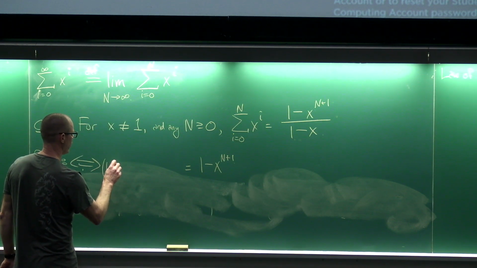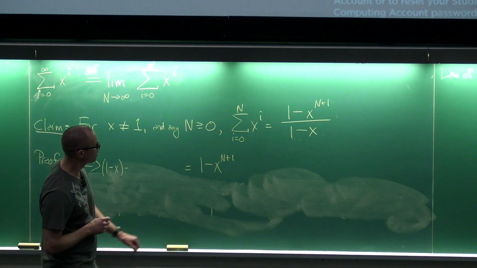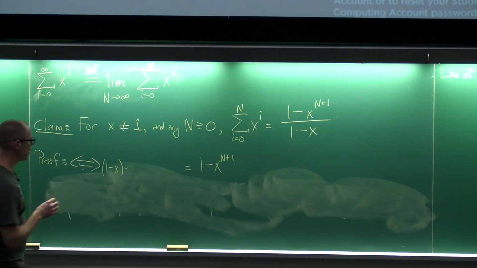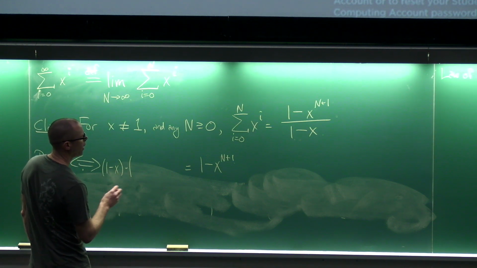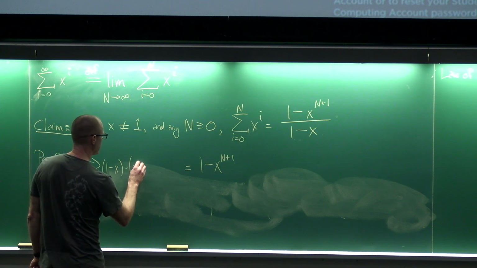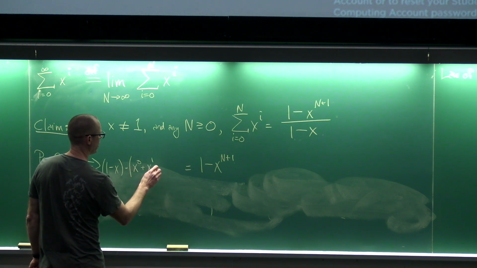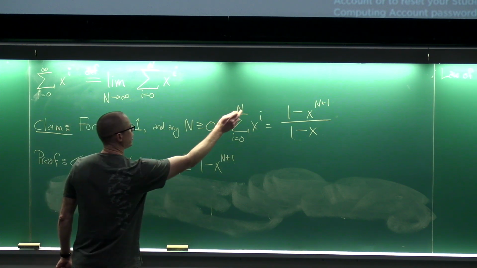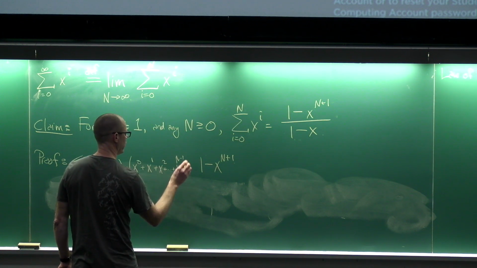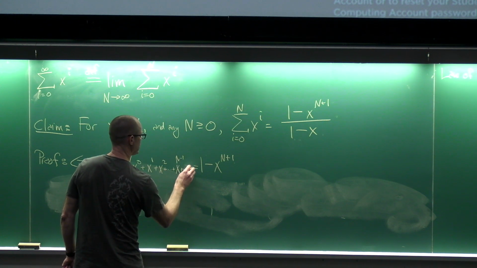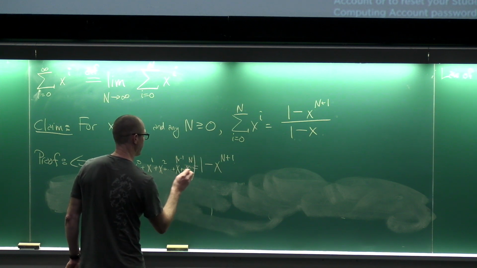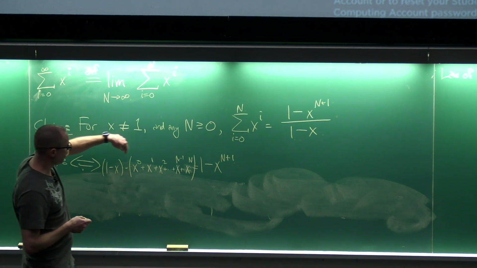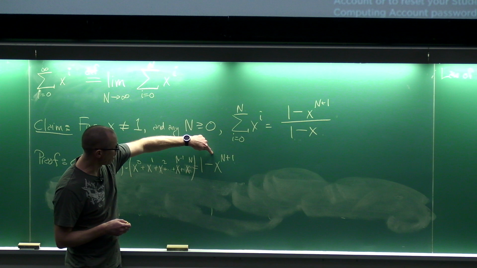And whatever we get on this side is multiplied by 1 minus x. Now we have this sum. What does this sum look like? I see an x to the 0, an x to the 1, an x to the 2, an x to the n minus 1, and the last thing I see is an x to the n. Okay, so I would like to show that this thing is equal to that thing.